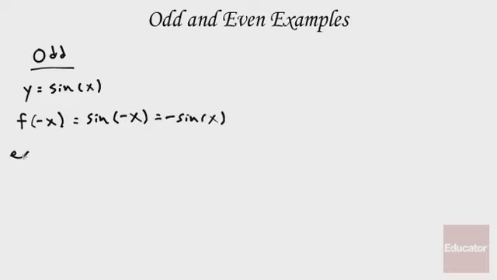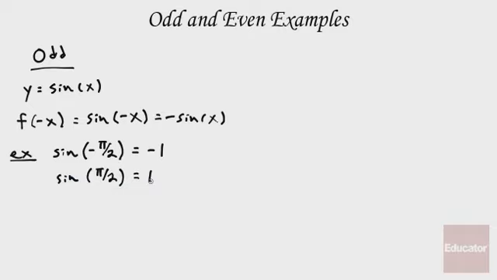For example, if we looked at sine of negative pi over 2, so sine of negative 90 degrees, also known as 270 degrees, we would get negative 1 out. Whereas if we looked at sine of pi over 2, we would get positive 1 out. So we threw in opposites of one another for x and obtained opposites of one another for y.